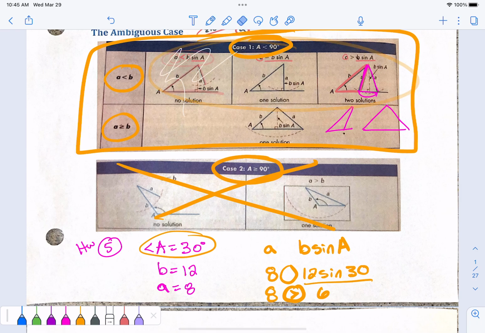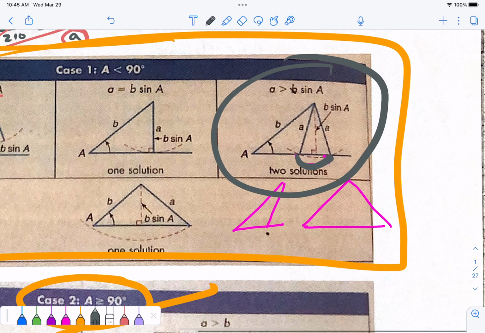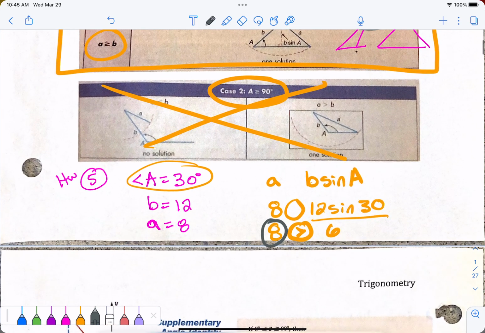Out of these 3 things, which one are we? The right one, right? We have this scenario where a, 8, is bigger than b sine of A, so that means this third side could have swung back and forth. So we could have 2 different triangles, and number 5 asks how many distinct triangles? There are 2.